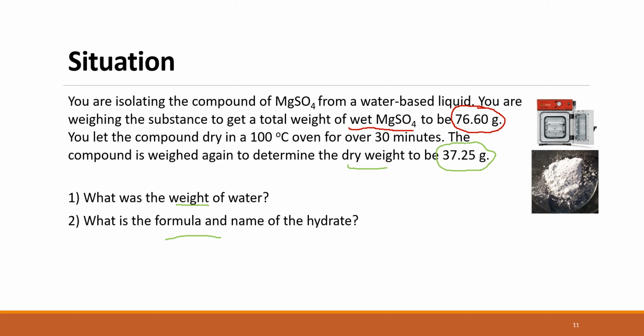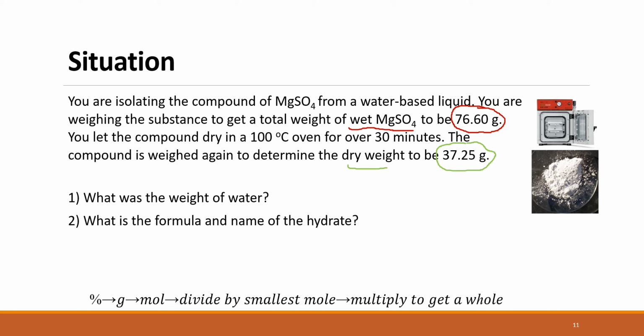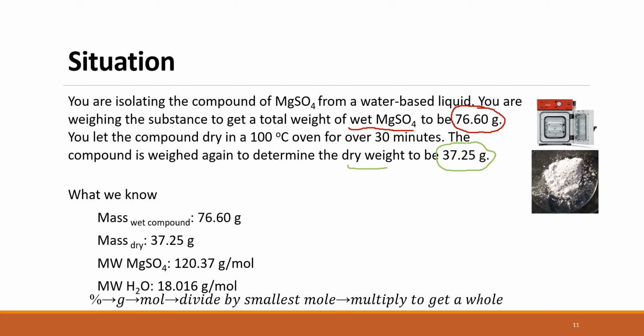So for the weight of the water, that is a simple subtraction of the 2 numbers circled. So 76.6 minus 37.25. So let's look. Mass of the wet, mass of the dry. Notice they also have, for what we know, the molecular weight of not only the ionic compound, magnesium sulfate, but of the water itself.